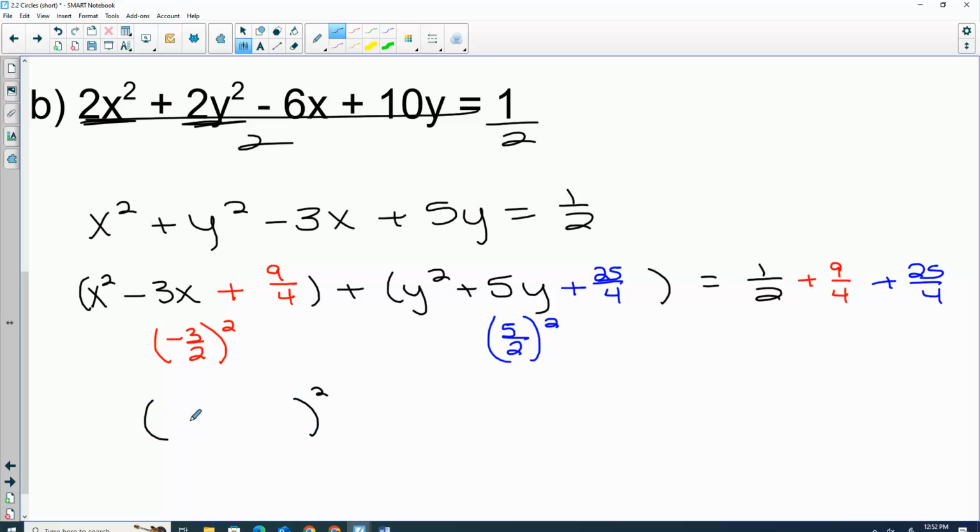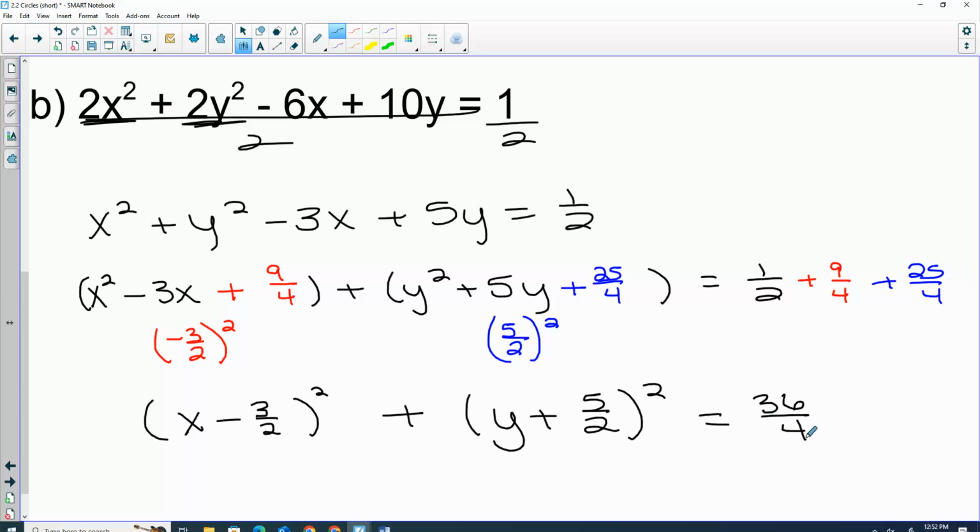So what would the first one factor into? It's that number after you divided by 2, but before you squared it. Here it would be y plus 5 over 2, equals 36 over 4. Is that right?